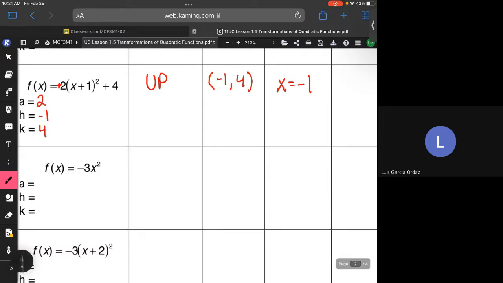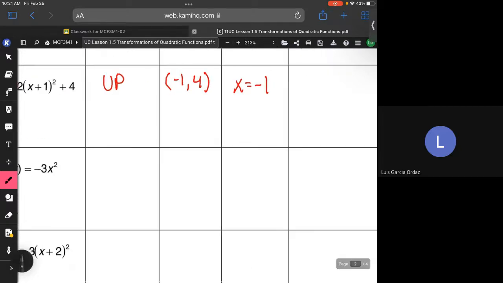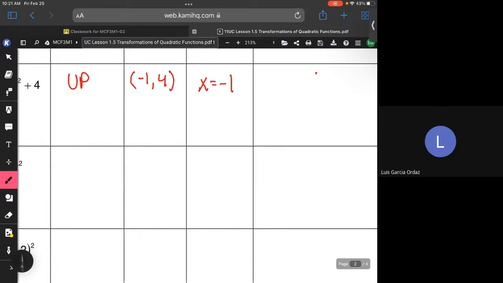The only important point I need to sketch my graph here is my vertex, which is negative 1 and positive 4. So I'm going to draw my graph. I have negative 1 over here and 4 right here. And then my graph is going to look like this, a skinny graph because it's vertically stretched.